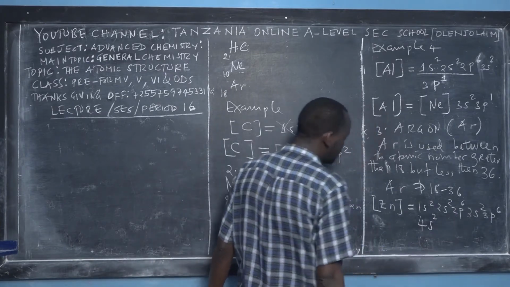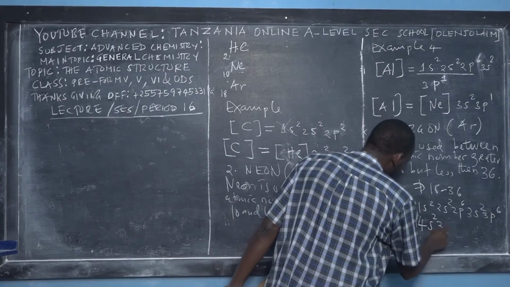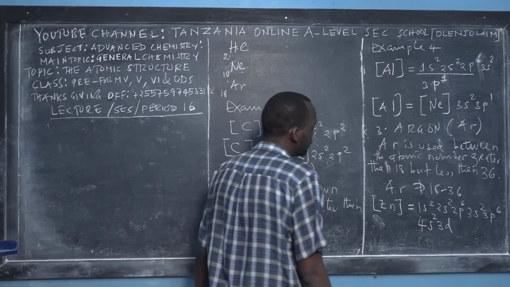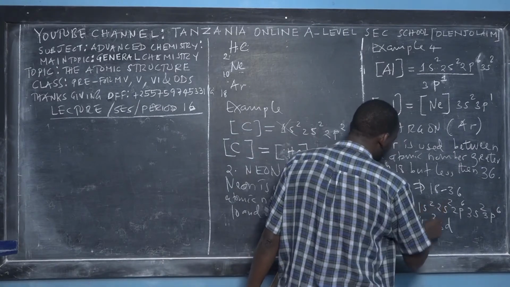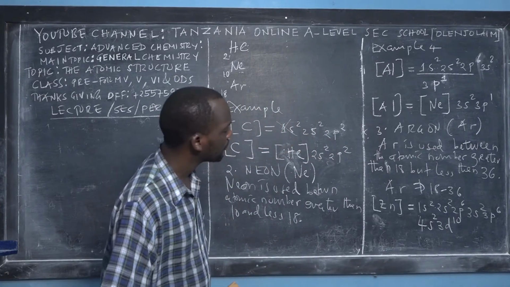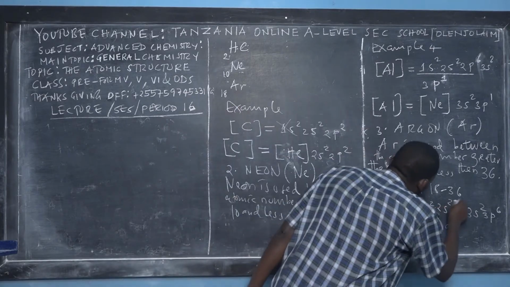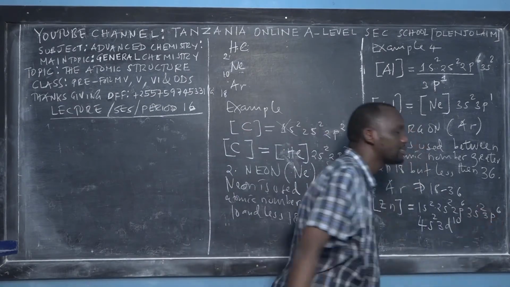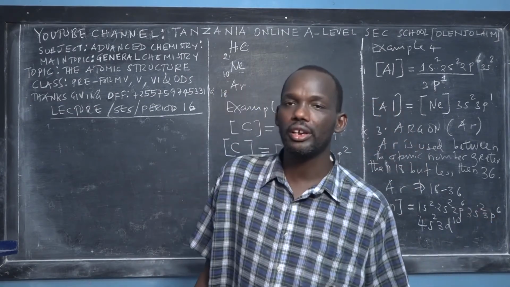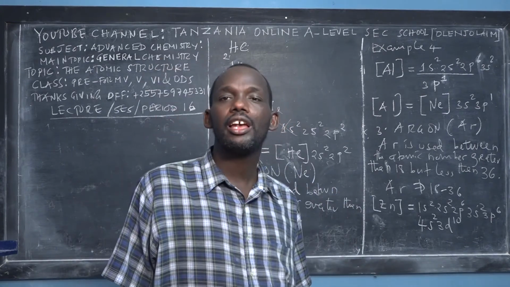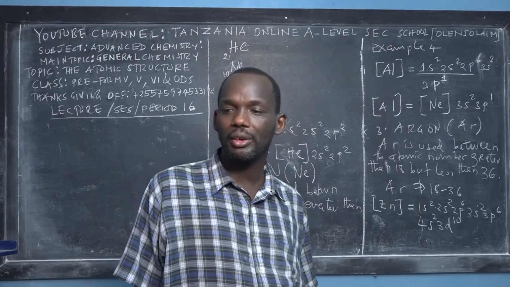So that is 20. Then next you have 3d. So these are 20, 30 minus 20 is 10, so this gets 10 electrons. But look, 2 plus 2 plus 6 is equal to 10, 10 plus 2 is 12, 12 plus 6 is equal to 18. 18 is the atomic number of which element?